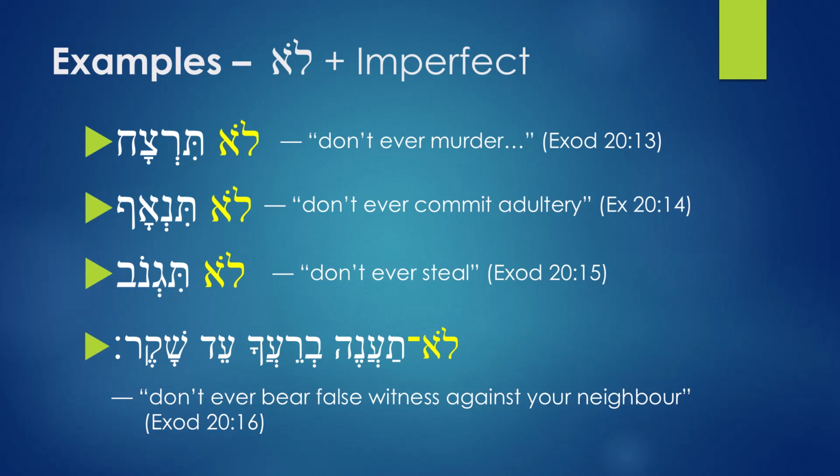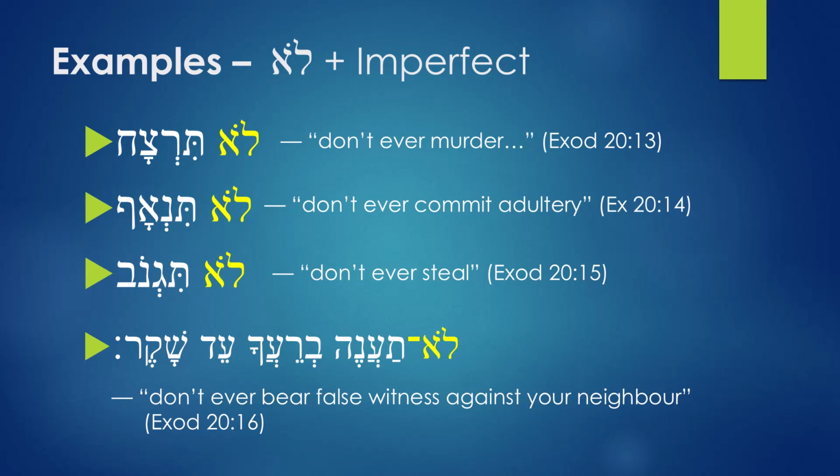Aneh means to bear. So you have lo ta'aneh: do not bear bere'acha, against your neighbor. Ed means witness. Shakeh means false. So here you have do not bear against your neighbor false witness.